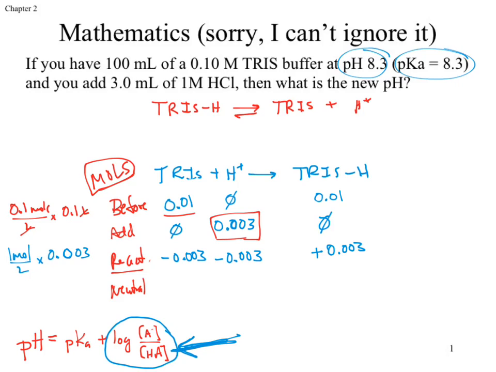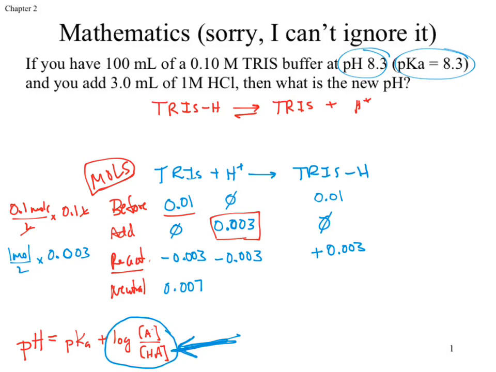Hopefully I spelled it close enough. Our Tris is going to be our 0.01 minus 0.003. I saw some calculators out. What's that number? 0.007. Our acid is 0.003 minus 0.003.